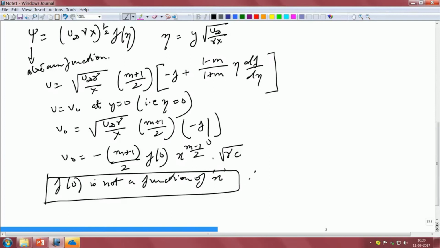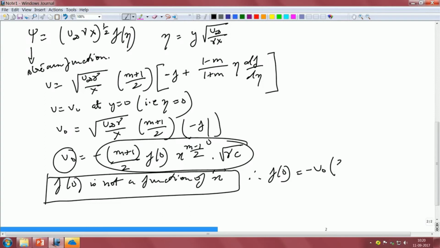Therefore, if f naught is not a function of x, then let us write f naught, taking everything to the other side, as v naught times 2 by (m plus 1) by gamma c, times x to the power of (m minus 1) by 2. So this is not a function of x.